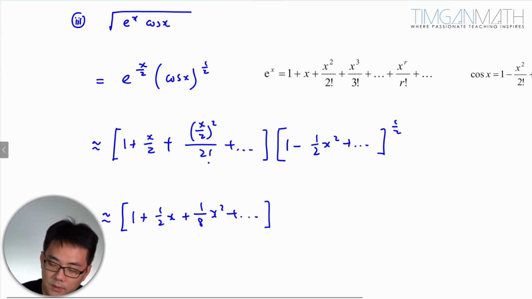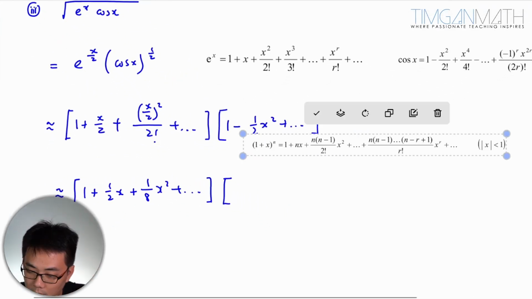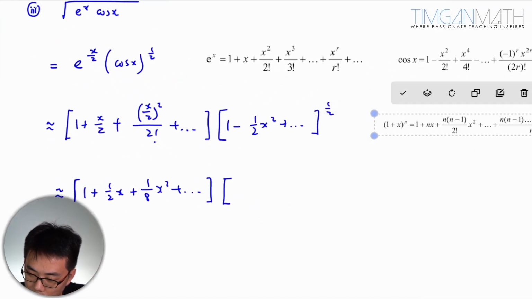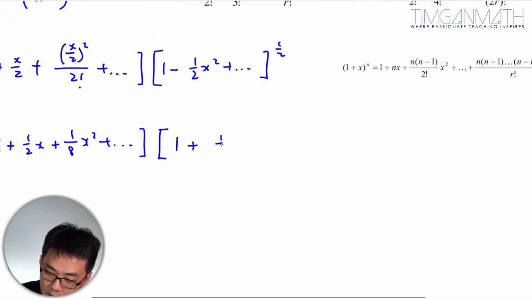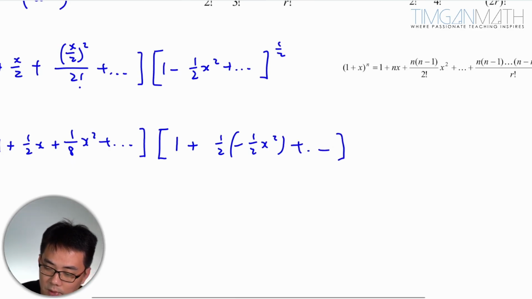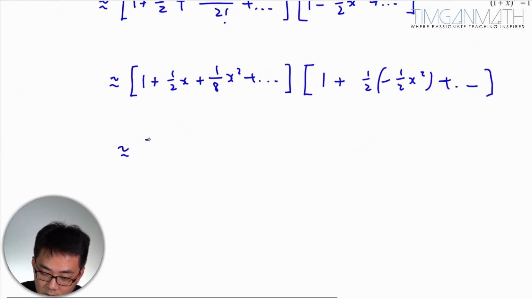So in this case, we're going to use the power series. What we get is 1 plus half x plus 1/8 x squared, multiplied by 1 minus 1/4 x squared. Just stop at the x squared because we only need up to x squared.